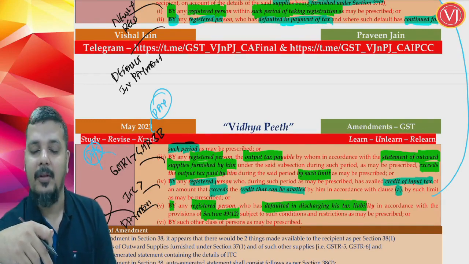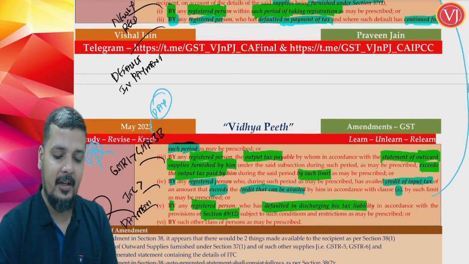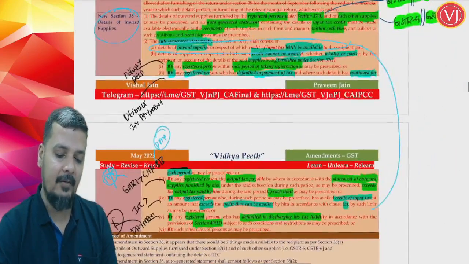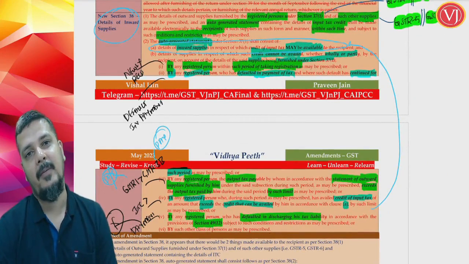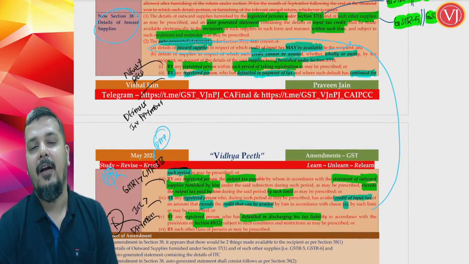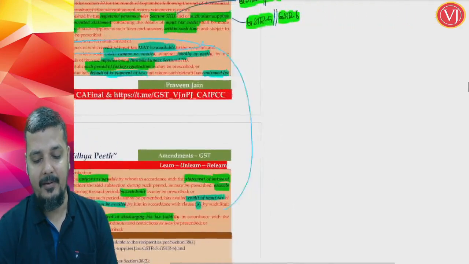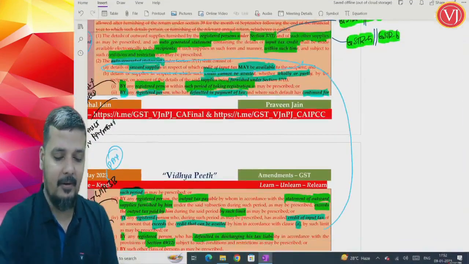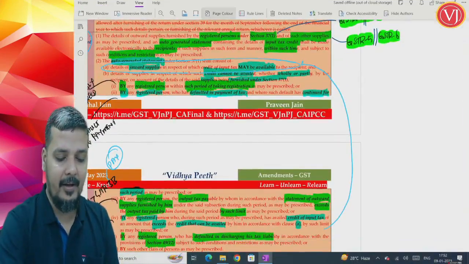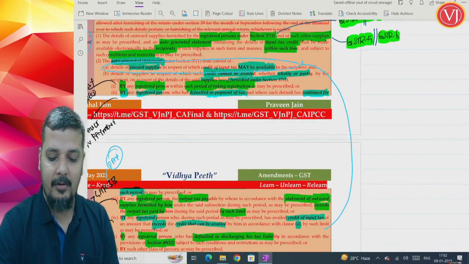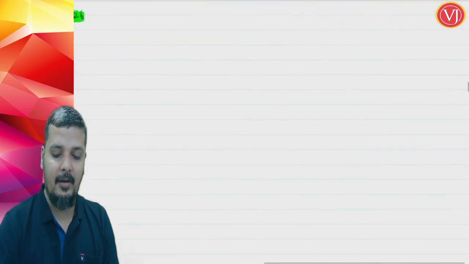Now if you look at this particular Section 38, it is very dangerous. See, as a recipient, I need to take care that my credit is there based on my GSTR 2A and 2B. The supplier has filed their returns. Now I am also required to see whether they are doing all the works properly.